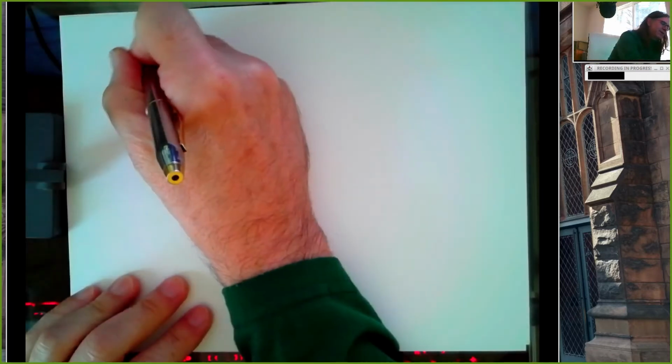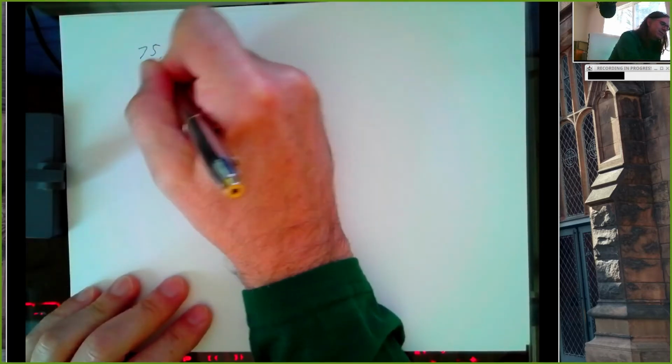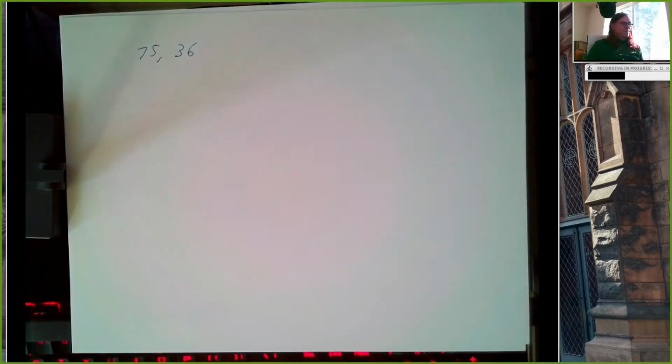For example, you might have the numbers 75 and 36. Neither of those is prime, but you might ask, is there a number that divides both of them? Is there more than one? And in particular, what's the largest number that divides both of them?